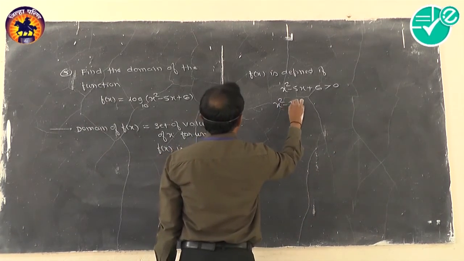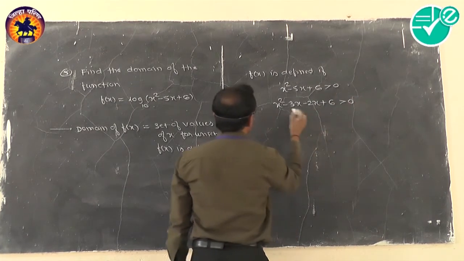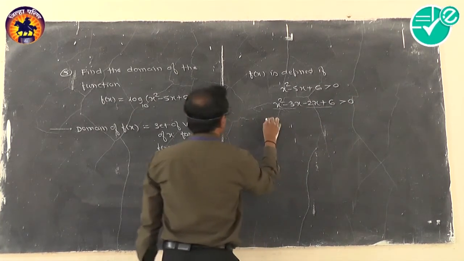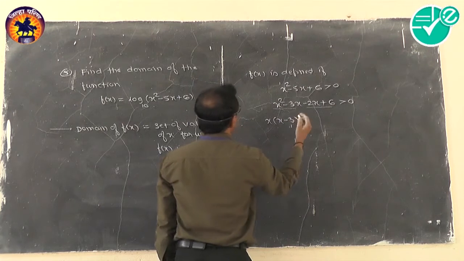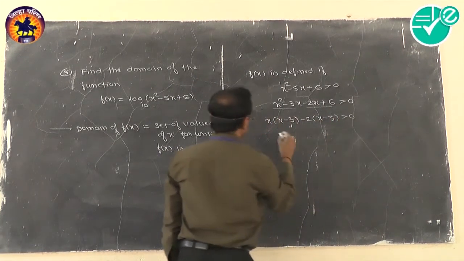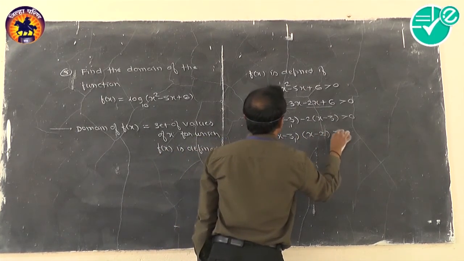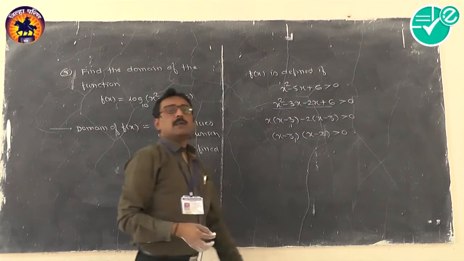Factorize this now. X square minus 3x minus 2x plus 6 should be greater than 0. These 2 and these 2 now. X common, x minus 3, minus 2 common, x minus 3, it is greater than 0. First factor is x minus 3, second factor is x minus 2, it is greater than 0.